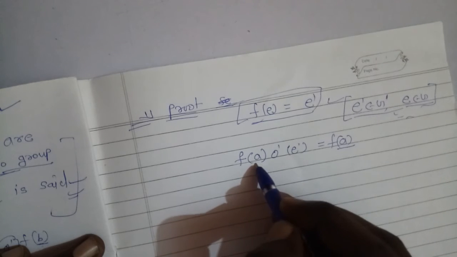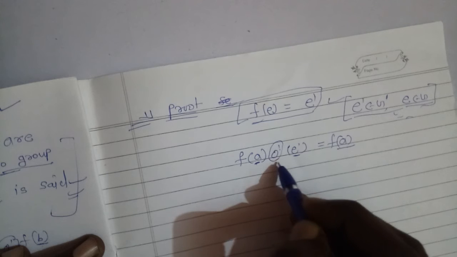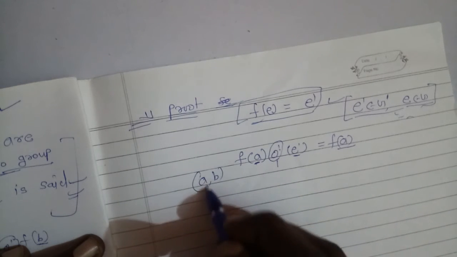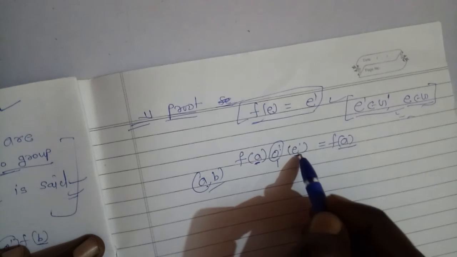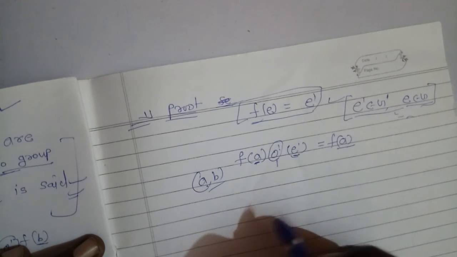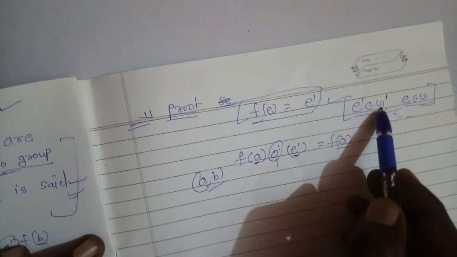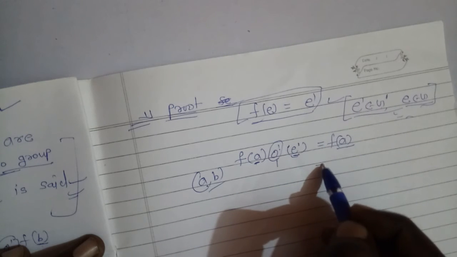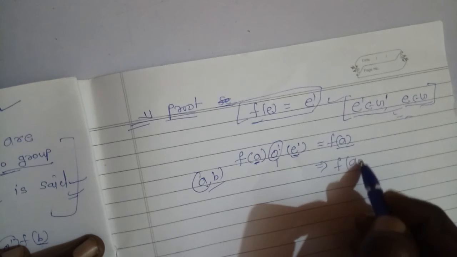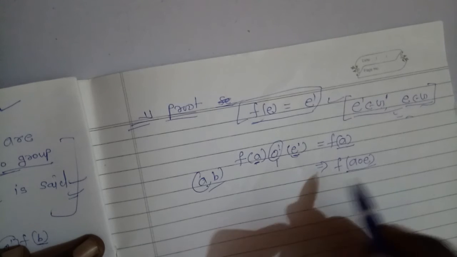Let's see f(a) and f(e), where o' is the operation, replacing a and b; here b is replaced by e. e is an element of group G. Then we can write f(a) o' f(e).